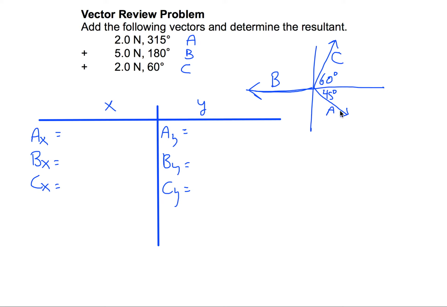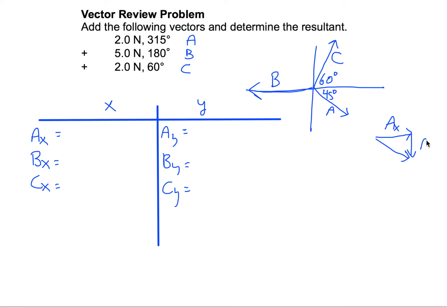So for vector A here, I'm just going to use the angles that I drew. I'm not going to worry about these angles anymore because I've already represented these vectors here on this drawing. So the x component of vector A, if I redraw vector A here, the x component would be this one. This would be AX, and this would be AY.